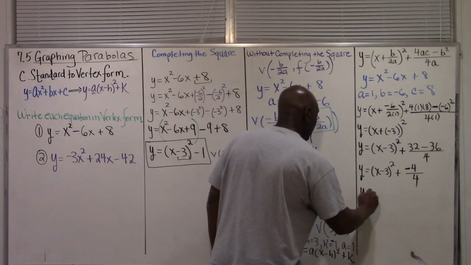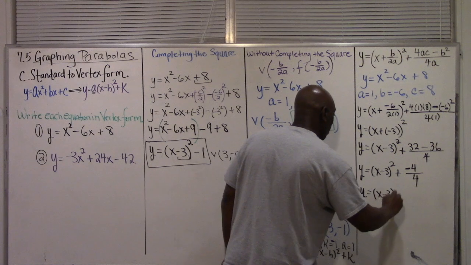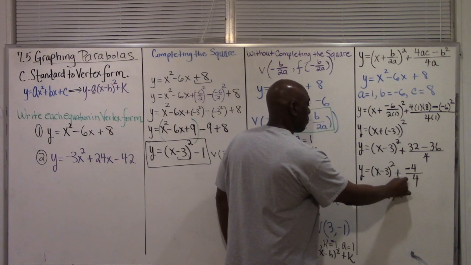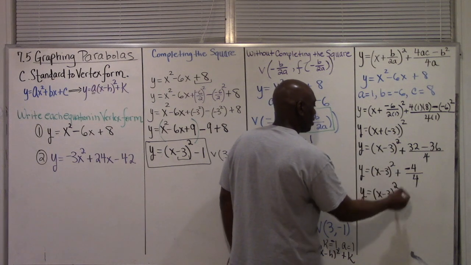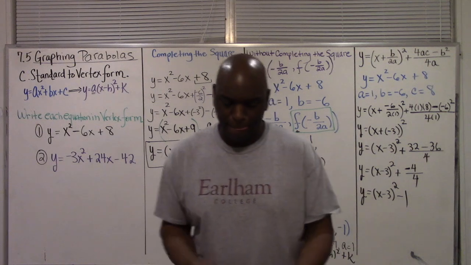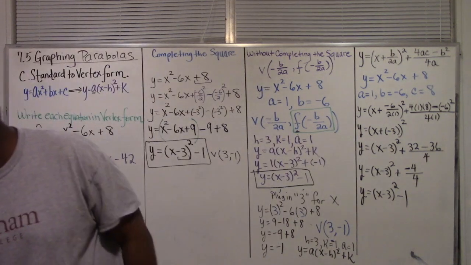A positive times a negative is a negative. 4 divided by 4 is 1. There you go. Now, that's it.